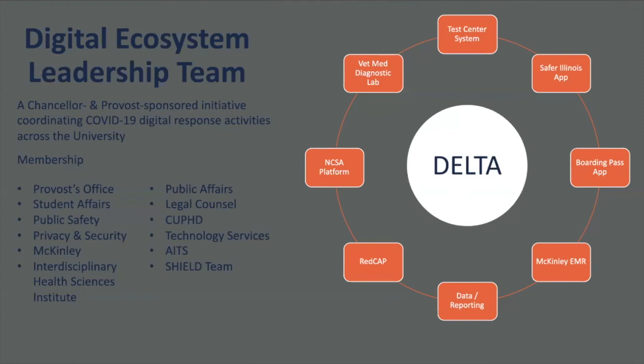It's been very successful to date in keeping our positivity rate very low so that we can continue to function in a face-to-face environment. You can see along here the Safer Illinois app, which is part of this ecosystem.